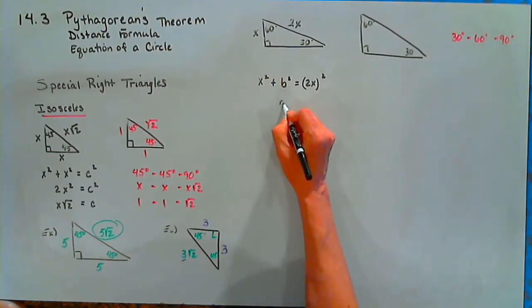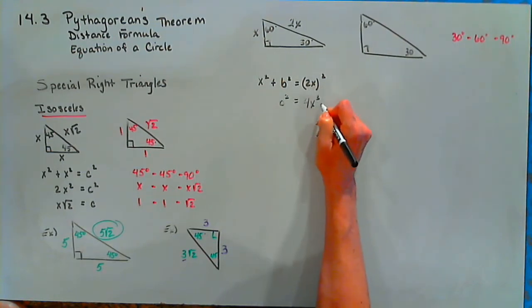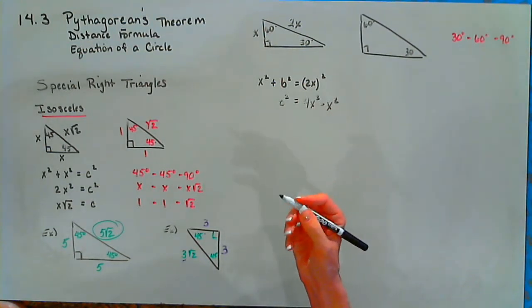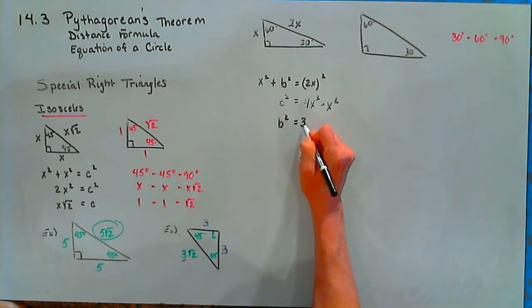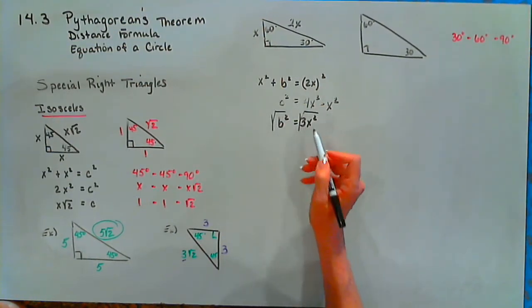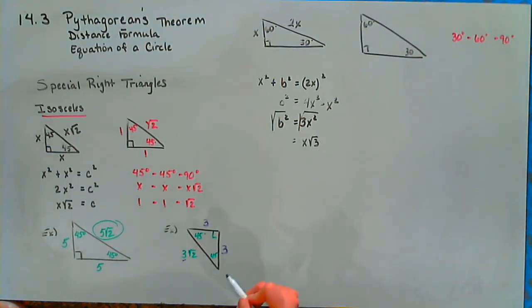by saying, well, this would be the same as b squared is the same as 4x squared. Bring that x squared from the left to the right side. So b squared equals 3x squared. And as soon as I take the square root, I can pull an x out, and I'm left with a root 3.